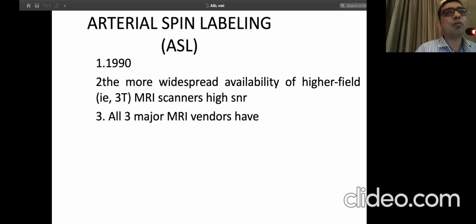This sequence has been hovering around since 1990, in its infancy. It was not developed because the signal to noise ratio was not adequate, but with the advent of 3T and further developments, we were able to get good images.